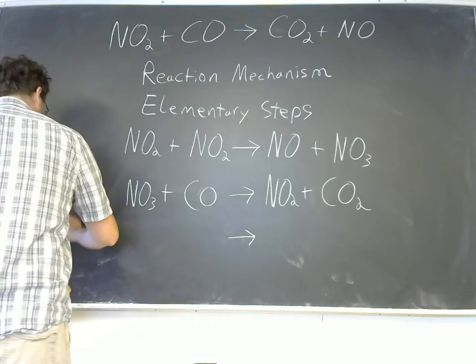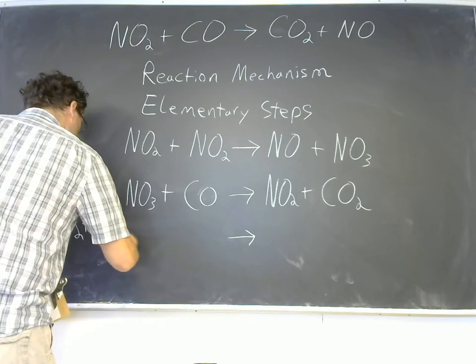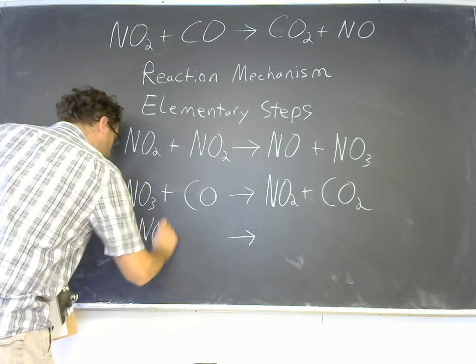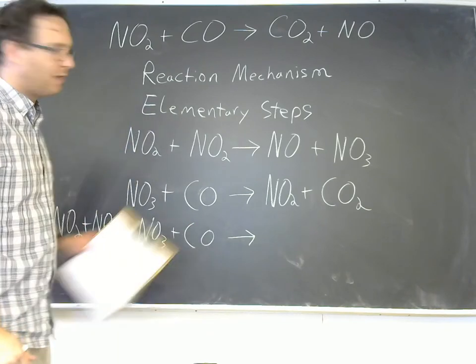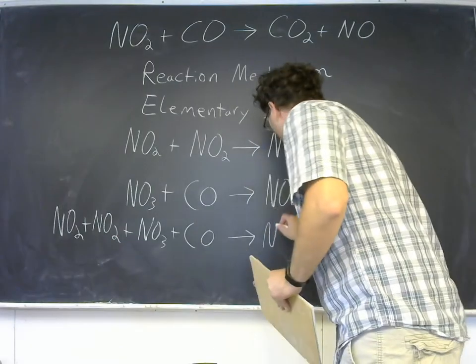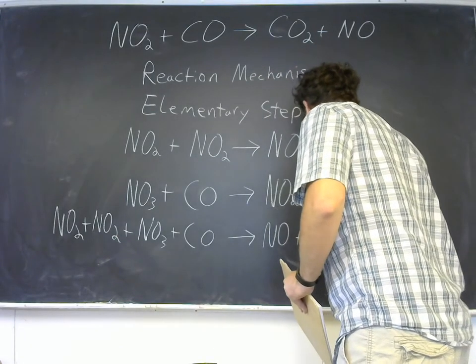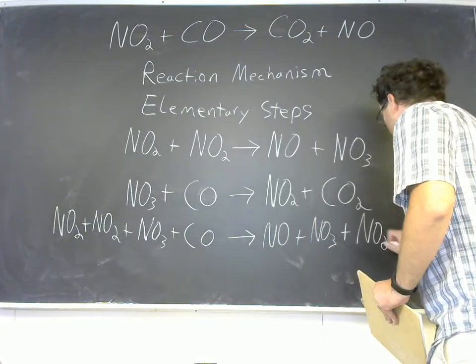So we'll have NO2 and NO2 and NO3 and CO. And then I'll put all of the products from both steps on the right side. So we have NO and NO3 and NO2 and CO2.